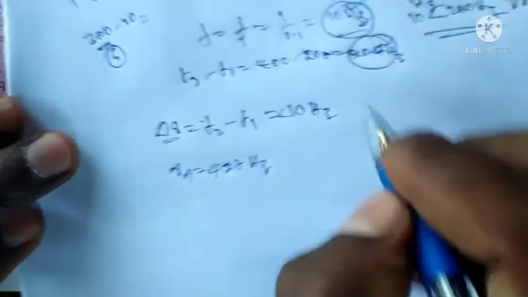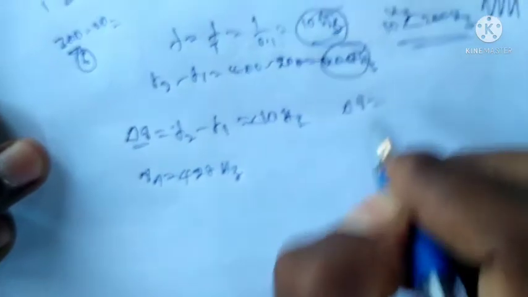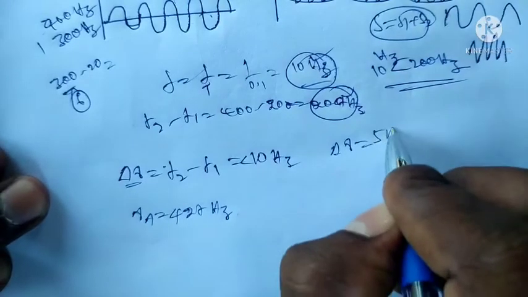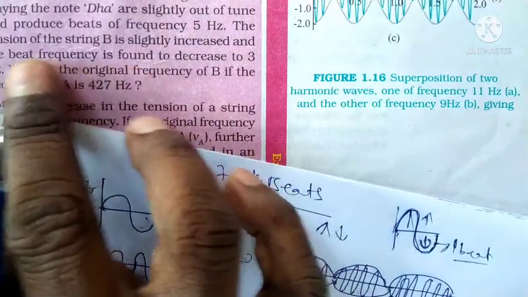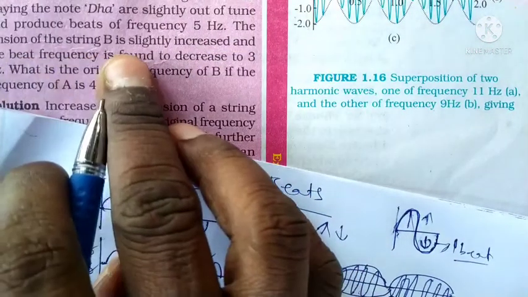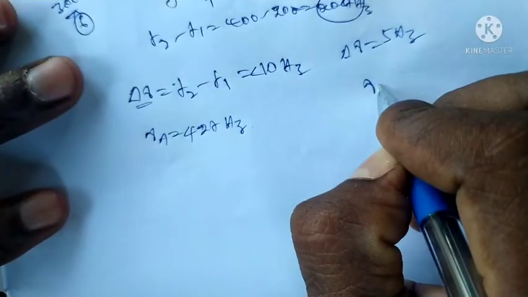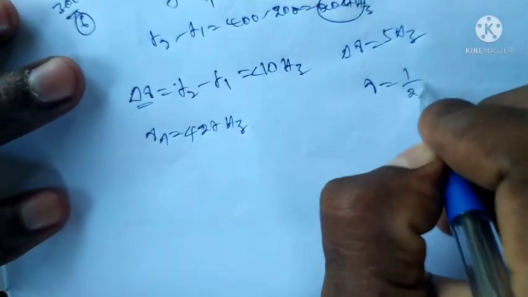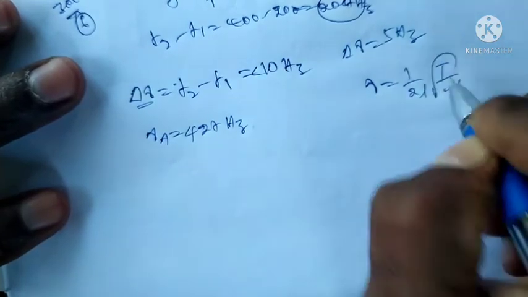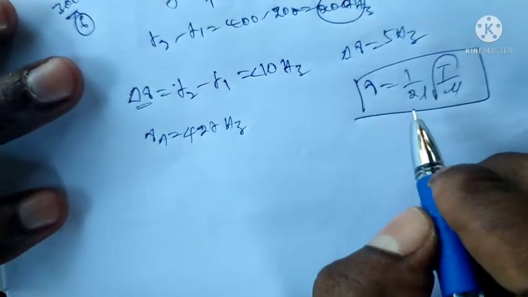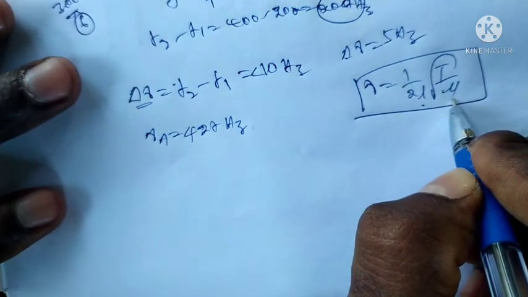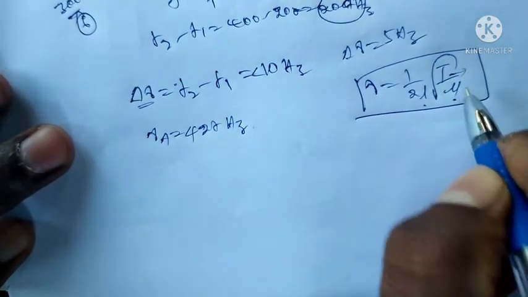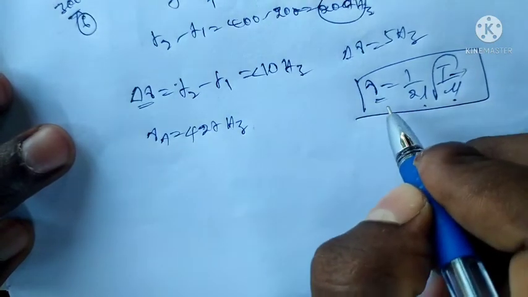The difference delta nu is equal to 5 hertz. The tension of this string is slightly increased. What is the formula? Frequency is 1 by 2L into the square root of T by mu, where T is the tension, L is the length, and mu is the linear density of the string. If the tension increases, the frequency also increases.